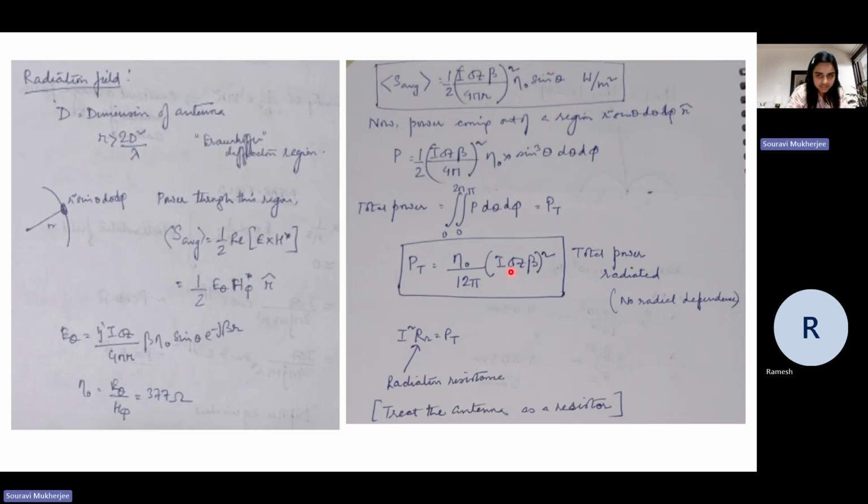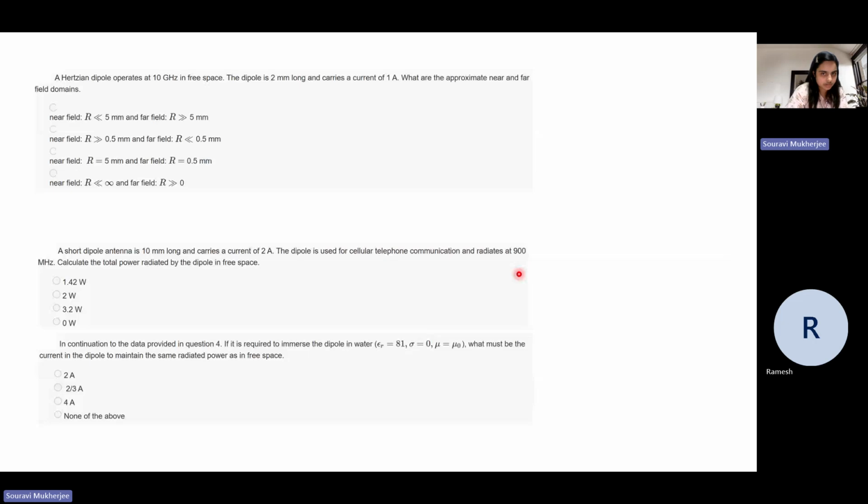Here you know the dimension of your antenna, you know the current that is flowing. If you know the frequency, you know beta. And it's in free space, so you know the value of eta naught is 377. So from here you can find the power that is being radiated by your antenna. It's a very direct question based on the formula.